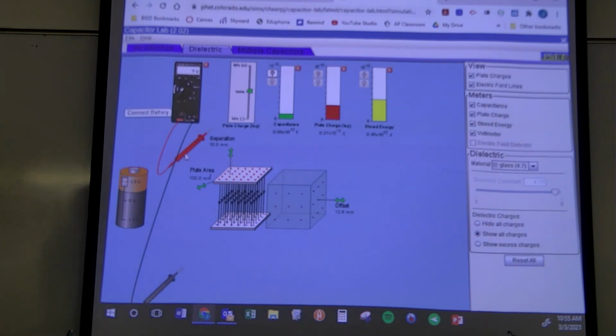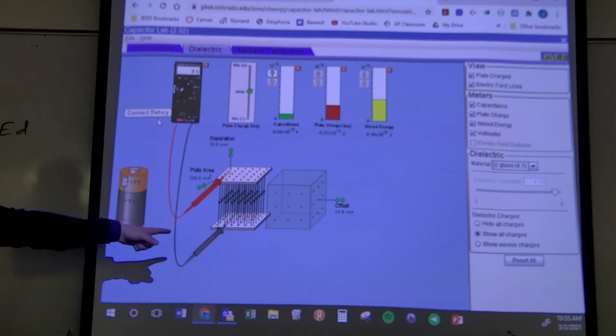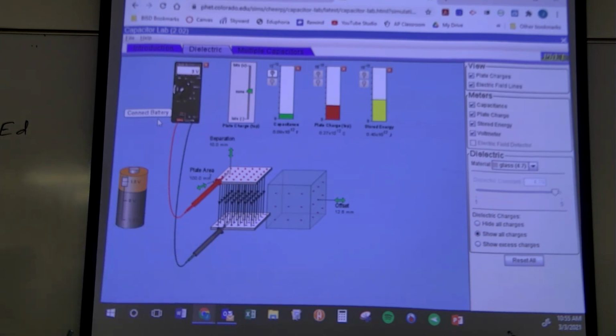What happened to the potential difference? Well, let's look. It went from 1.5 volts to 3 volts. Why did that happen? Remember, you can always reference the equations. Electric field, what happened to the electric field? It stays the same. We're assuming plate area is much bigger than the distance between, so it's due only to charge density.